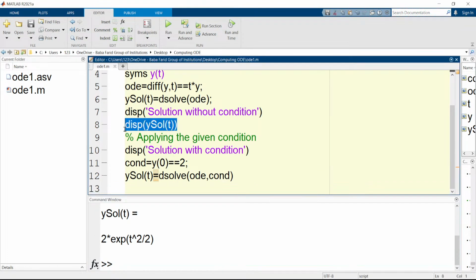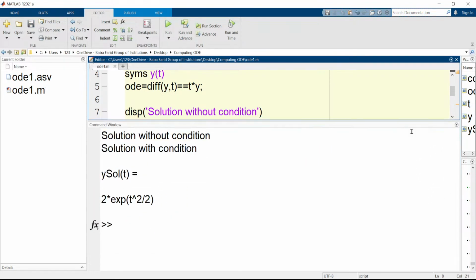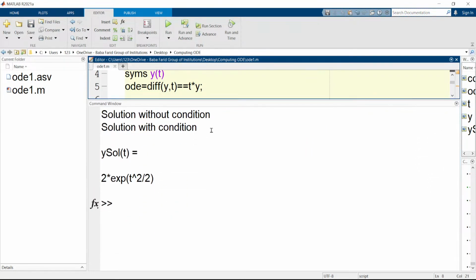You can remove this statement and copy from this place, cut and paste at this place. So it will be more beautiful and more suitable. Solution with condition, sorry.